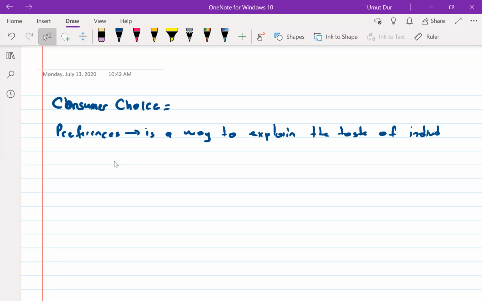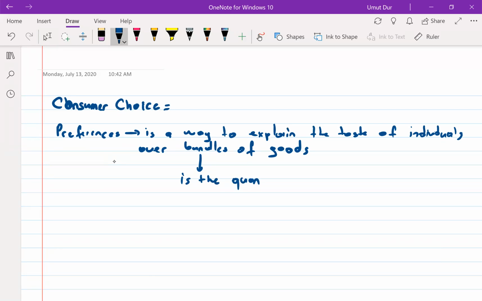So last time we started with the consumer choice, and we introduced what the preference means. The preference is basically the way to explain the taste of individuals over bundles of goods. Bundles of goods are the quantities.